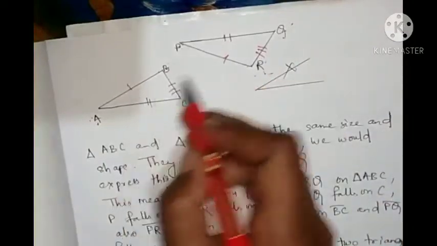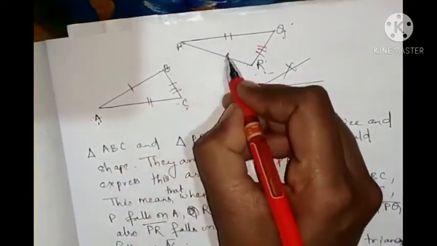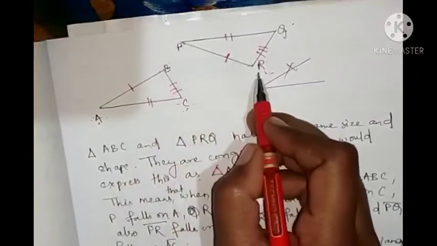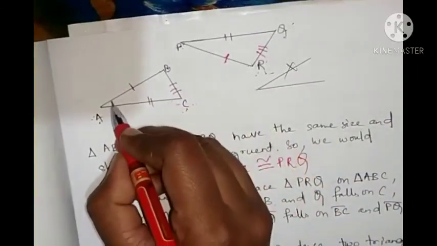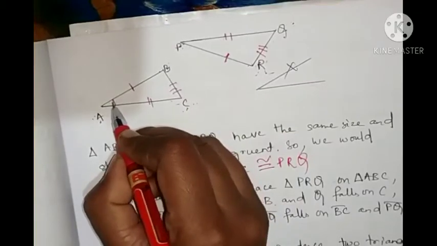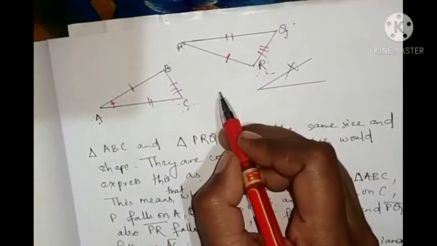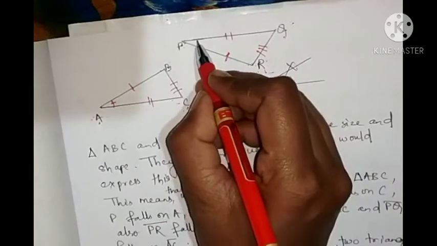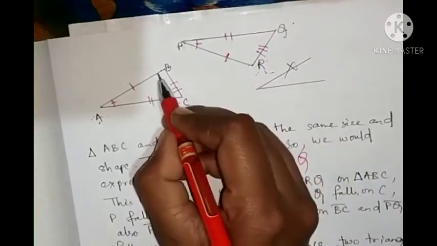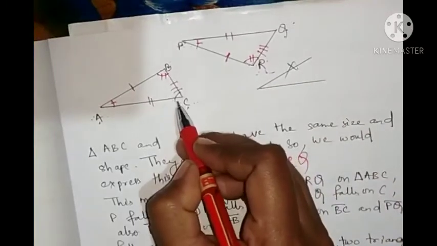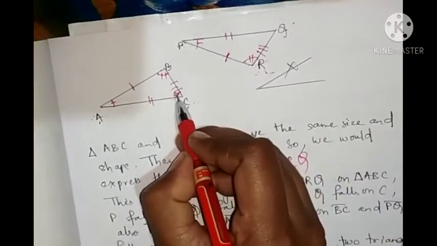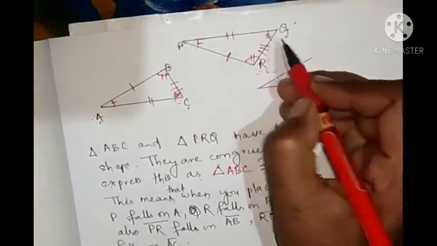I have put one line for similar corresponding sides, then here two lines, here three lines. Next we'll see the angles. Angle A is equal to angle P. Angle B is equal to angle R. Then angle C is equal to angle Q.